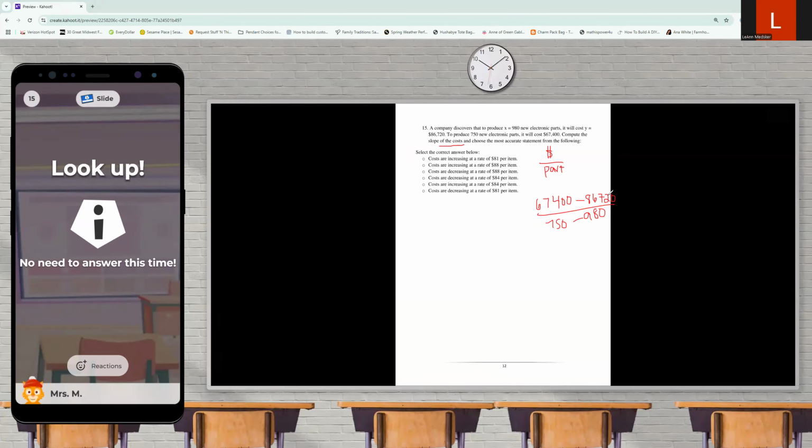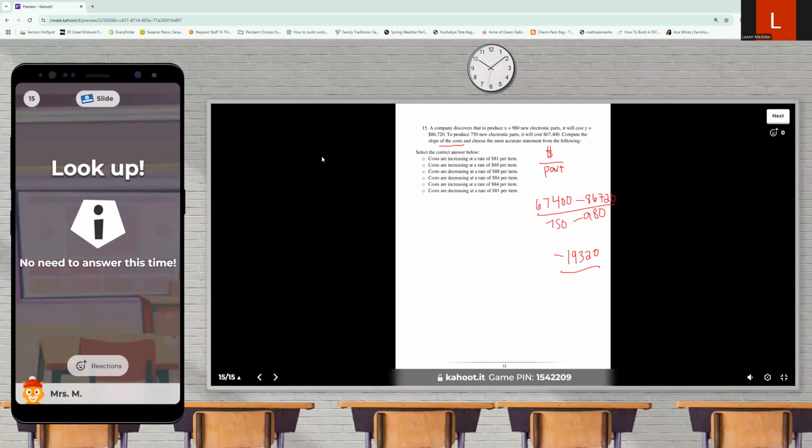These came together and these came together. So then we're doing on top, the subtraction is 67,400 minus 86,720. That would be negative 19,320 on the top. And then we need to do the bottom. So 750 minus 980, that'd be negative 230.